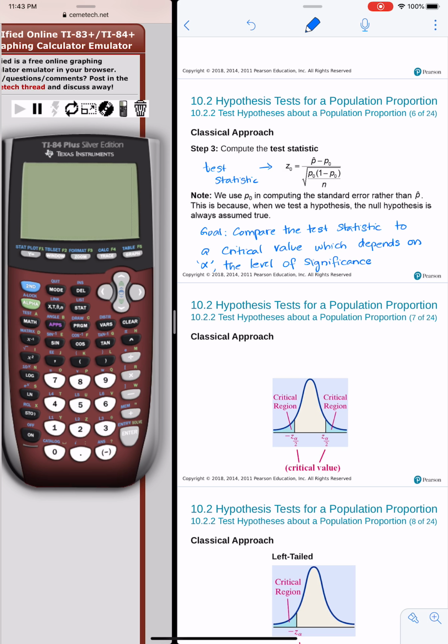I am going to show you how to find this test statistic using a calculator, but in terms of the formula, P hat is the sample proportion, and P naught is the claimed value or the null value.